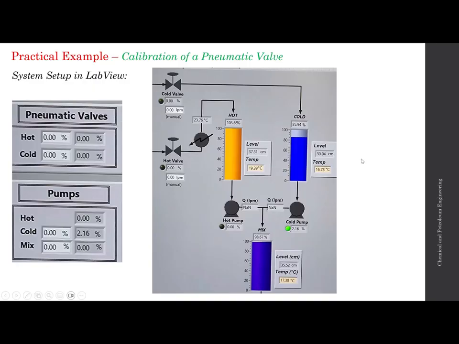Okay, so it is just a mixing process of two tanks. So very easy physical setup and physical process without any reaction. Okay, and what we want to do is to calibrate the pneumatic valve we have here. We can just pick one and calibrate one of these two pneumatic valves.